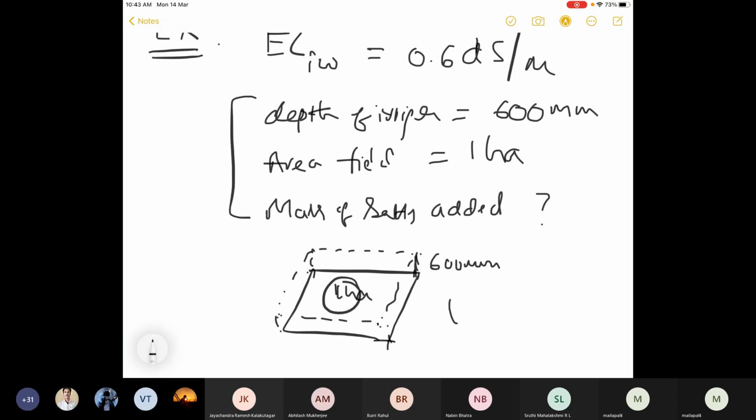So this is the volume. V is equal to 600 mm, that will be divided by 1000 to get meters, multiplied by 10 power 4. So this will be your meter cube. That's the volume of water you applied into the field.